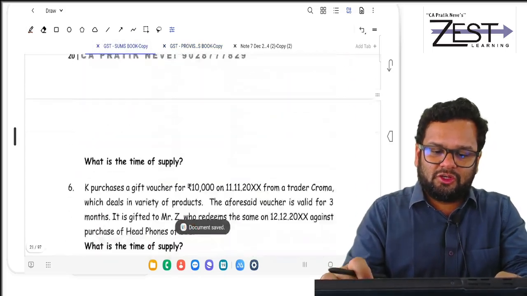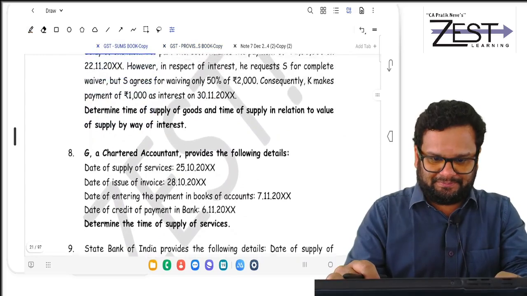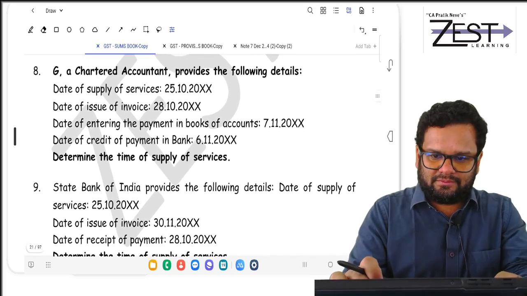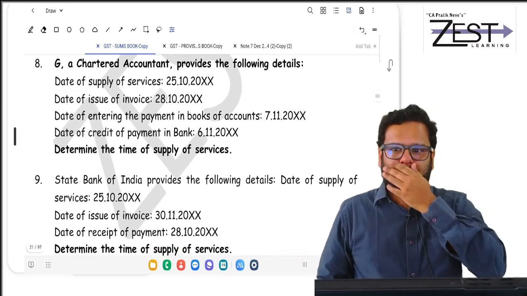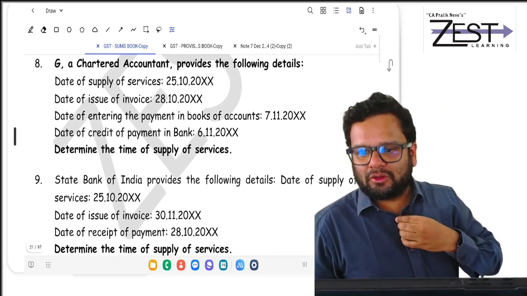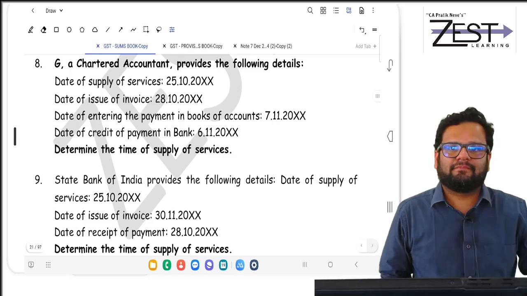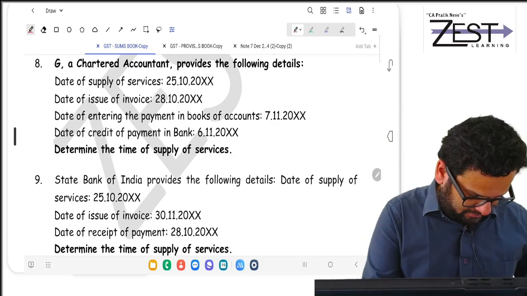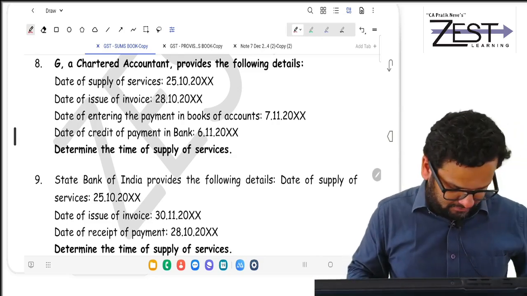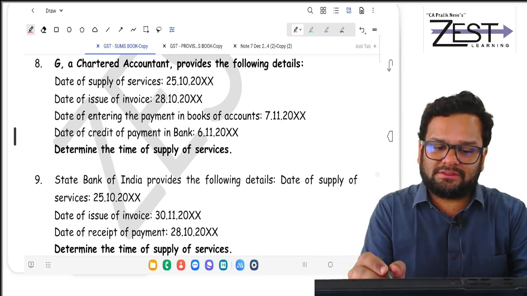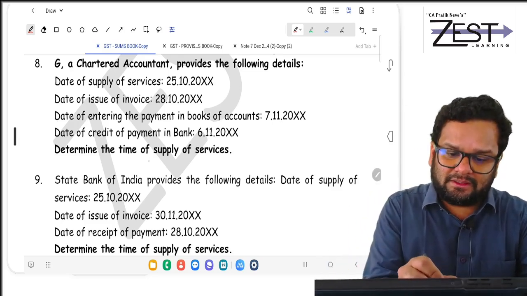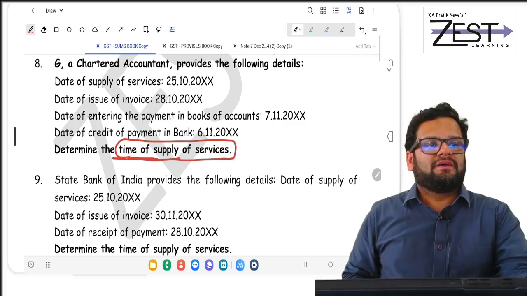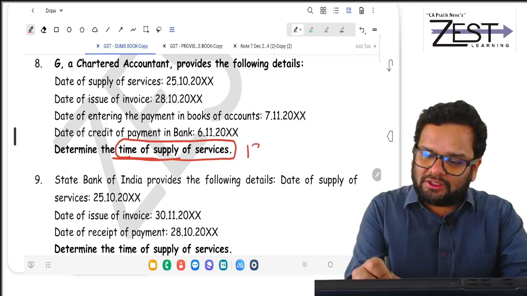See sums on this. Go to question number 8. All of you there with me on question number 8? Okay, what is the question asked? Can you see, question asked is determine time of supply of services. So I should go to section 13.